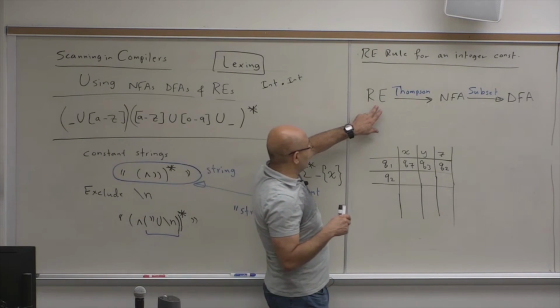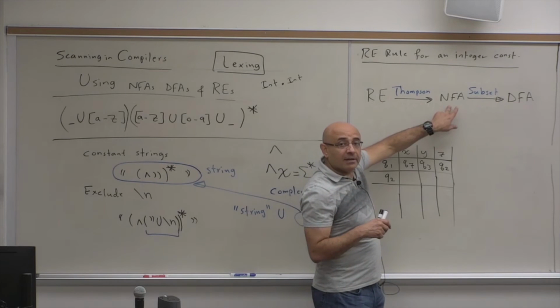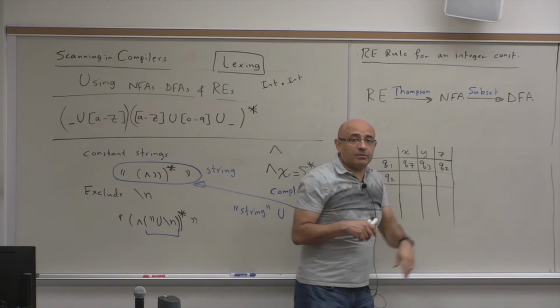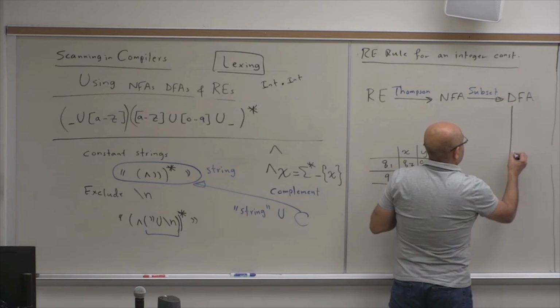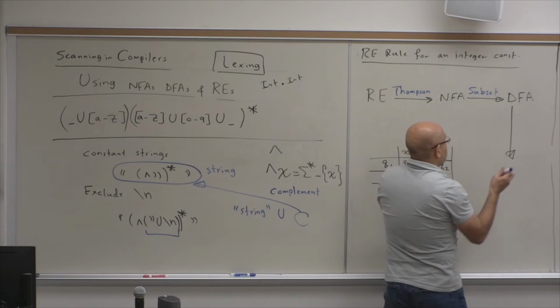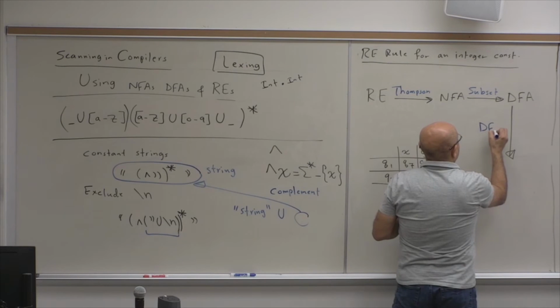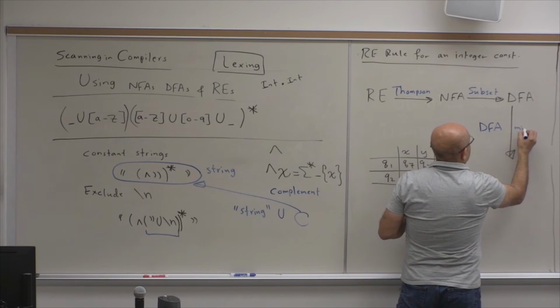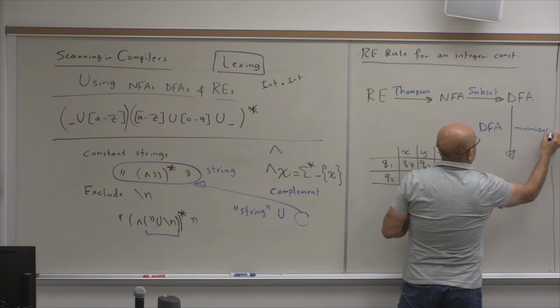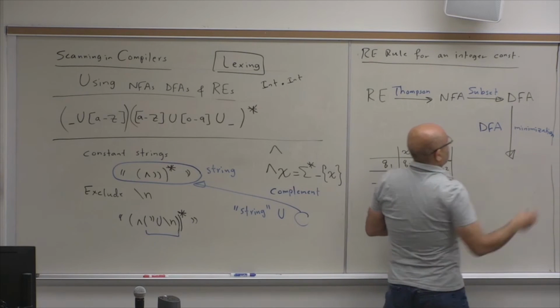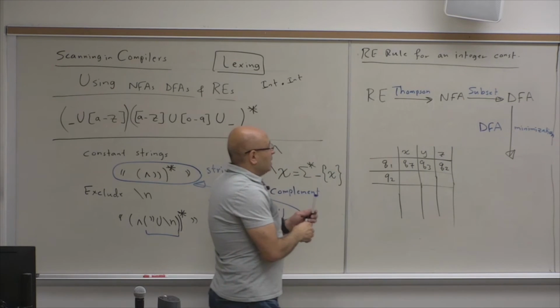So that's why we convert a regular expression into an NFA, and then we convert the NFA into a DFA. And in fact, we do DFA minimization as well. So the DFA gets minimized, and we get a minimal DFA.